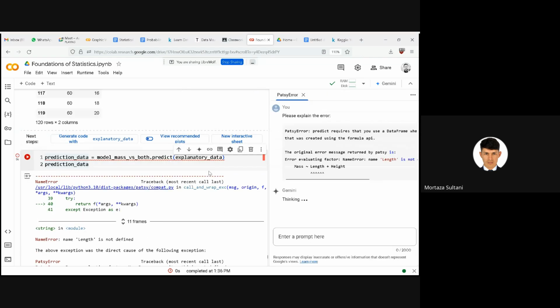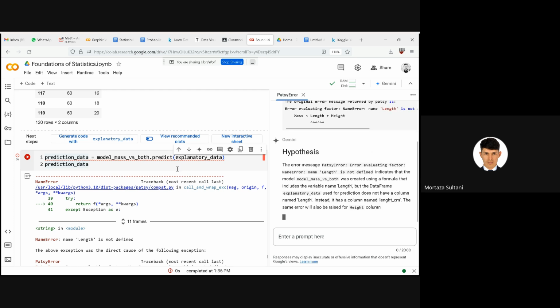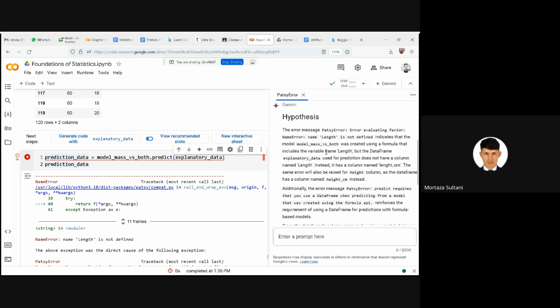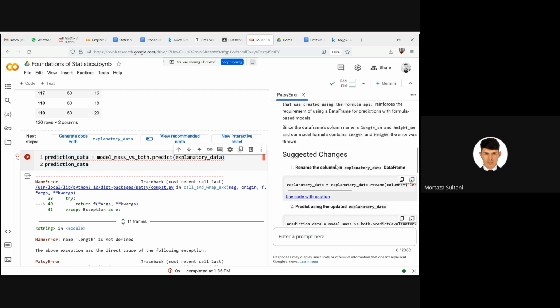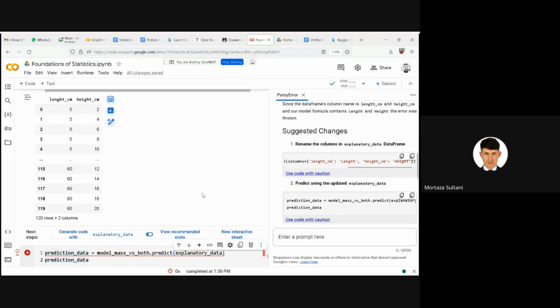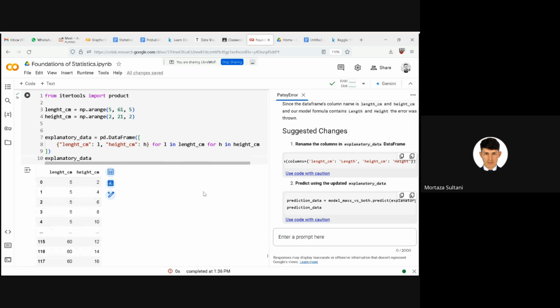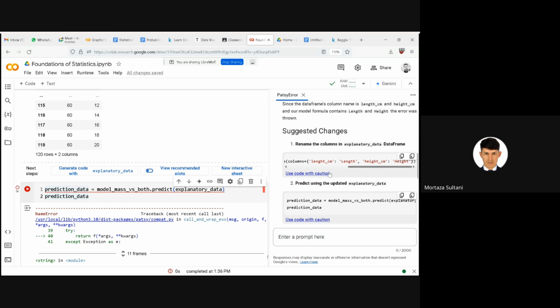Again, it says it's not working here. Dot predict, and then using the explanatory data. So you will see what the problem is here. Again with the length and height, what is the problem with the length and height?